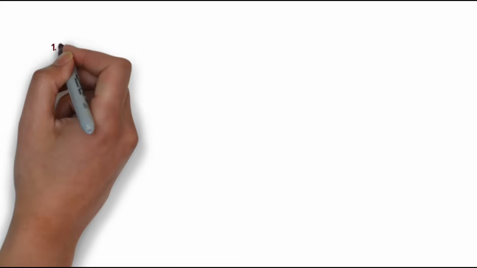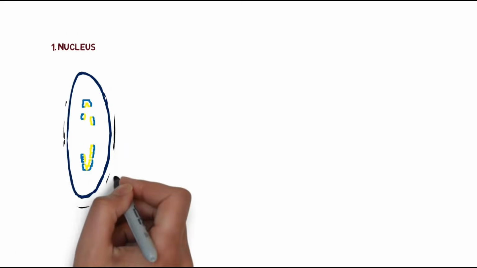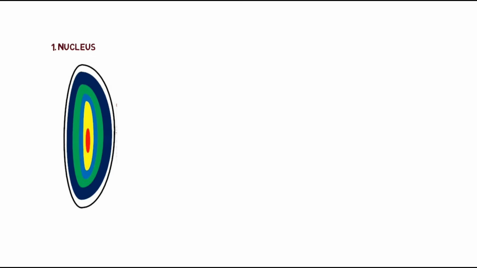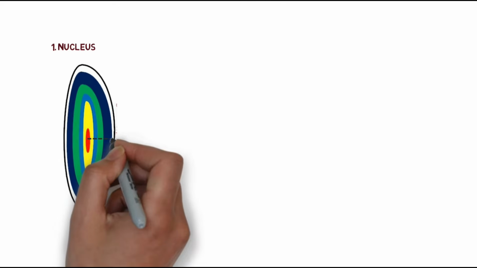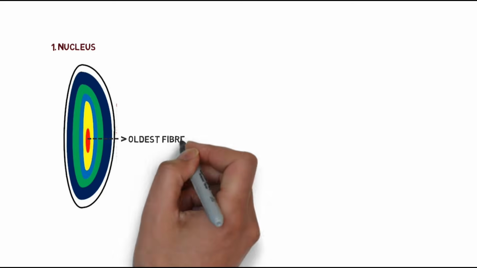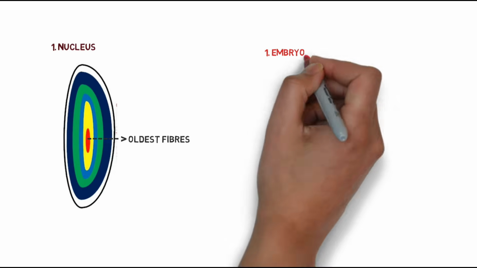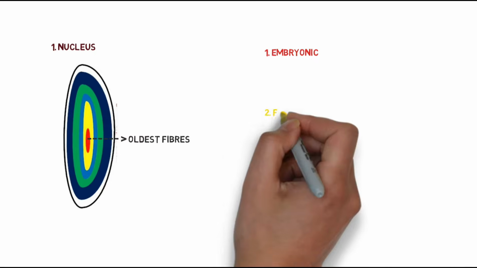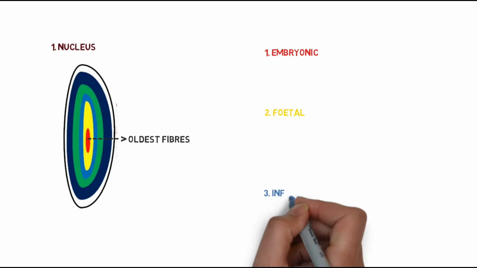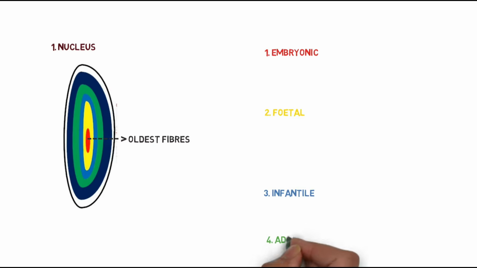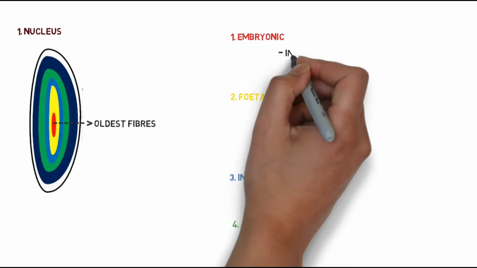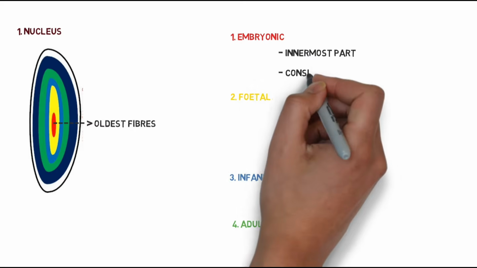First we are going to study the nucleus. The nucleus consists of different zones, and at the central part the oldest fibers are present. Depending upon the period of development, the different zones of the lens nucleus include embryonic nucleus, fetal nucleus, infantile nucleus and adult nucleus. The embryonic nucleus is the innermost part of the nucleus.